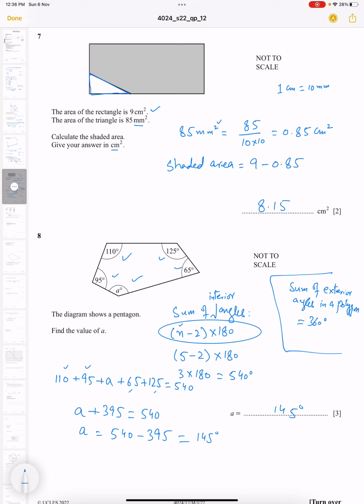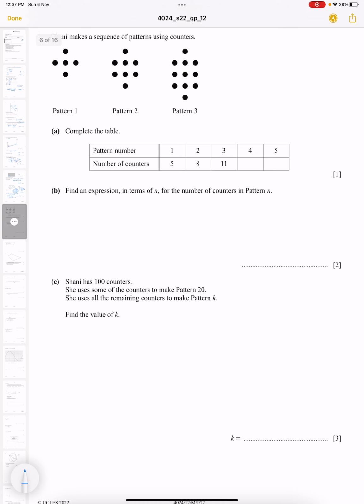For every polygon, the sum of exterior angles is 360 degrees, but the sum of interior angles is found by using this formula. Okay, let's move to the next question.